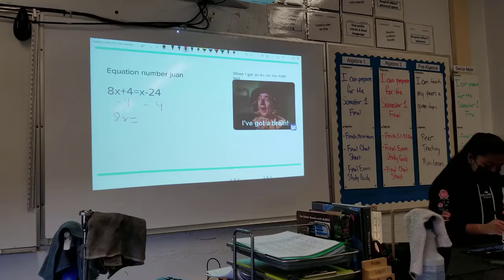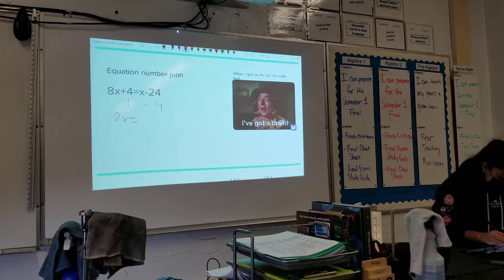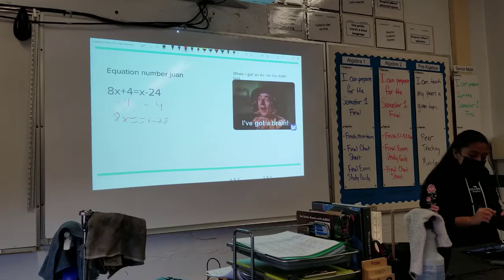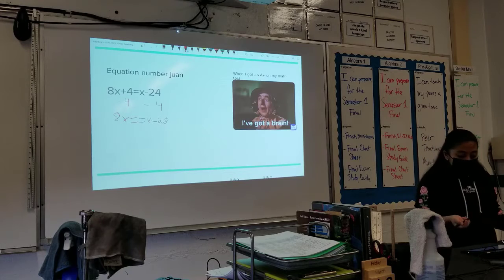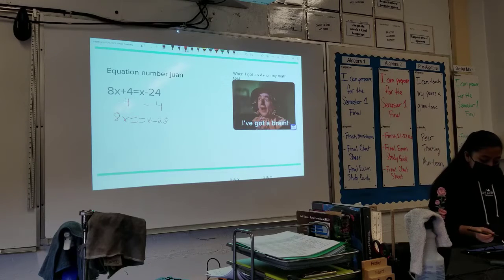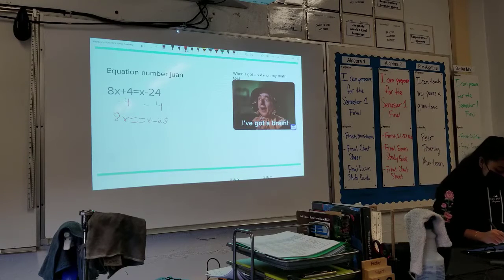And then you're going to get 8x equals x minus 28. Since it's a negative 4 and a negative 24, you have to add them together to make a negative 28. You're going to subtract the x because you can't have x on both sides.